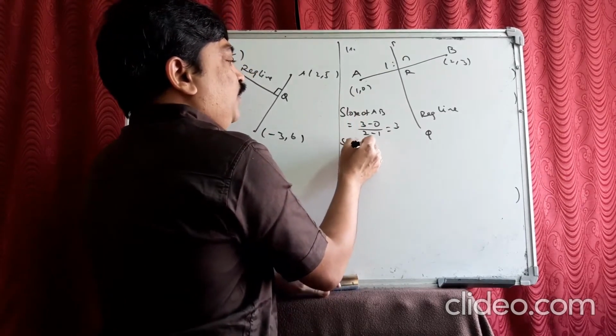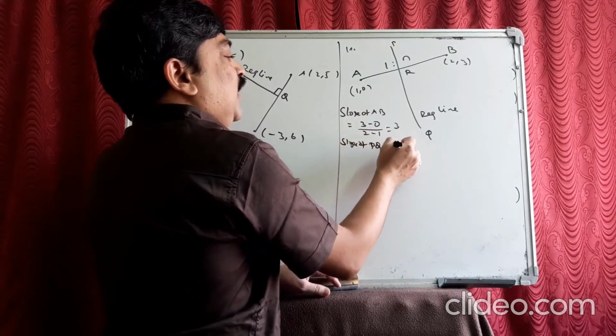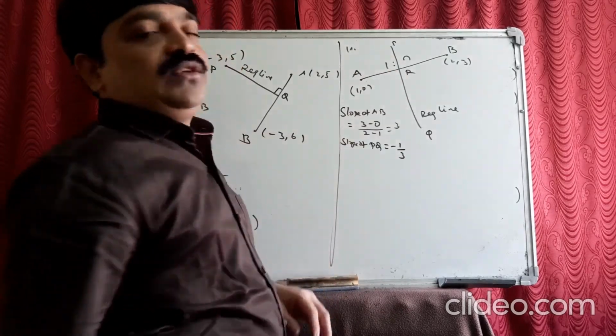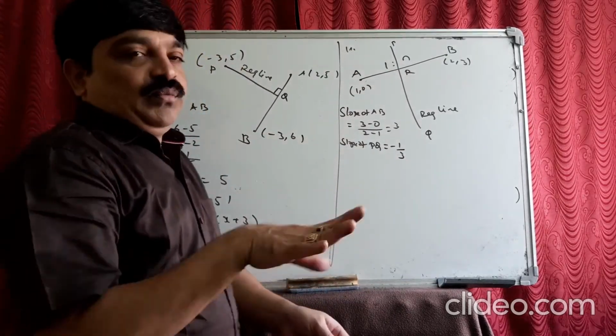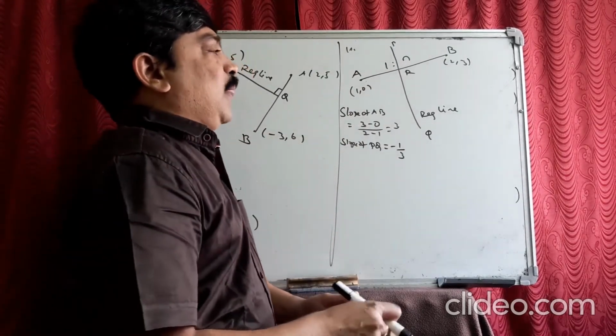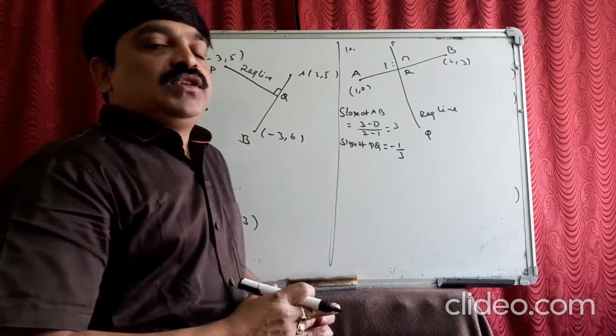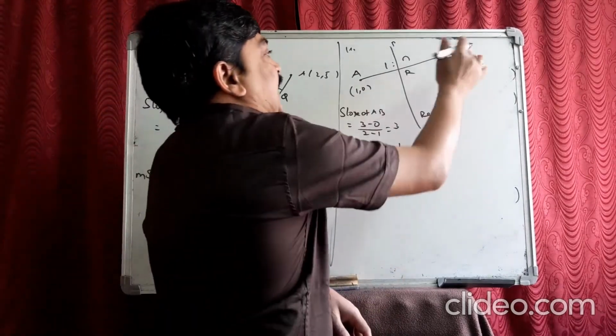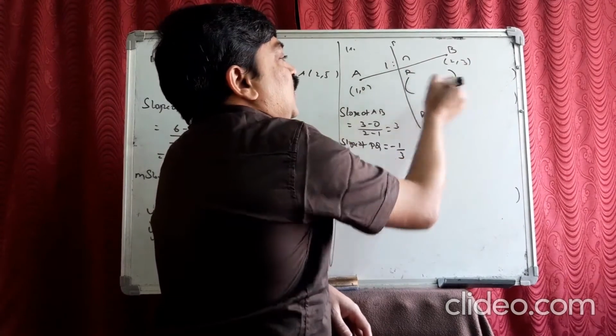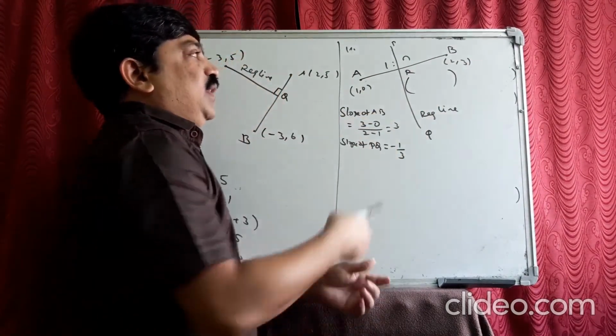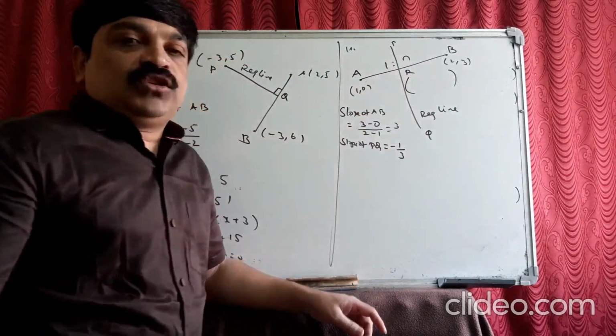Then the slope of PQ will be minus 1 by 3, because it is the negative reciprocal. So we have the slope. Now we need the point through which it is passing. From the data, it is dividing in the ratio 1:n, so we will find R using this ratio concept.